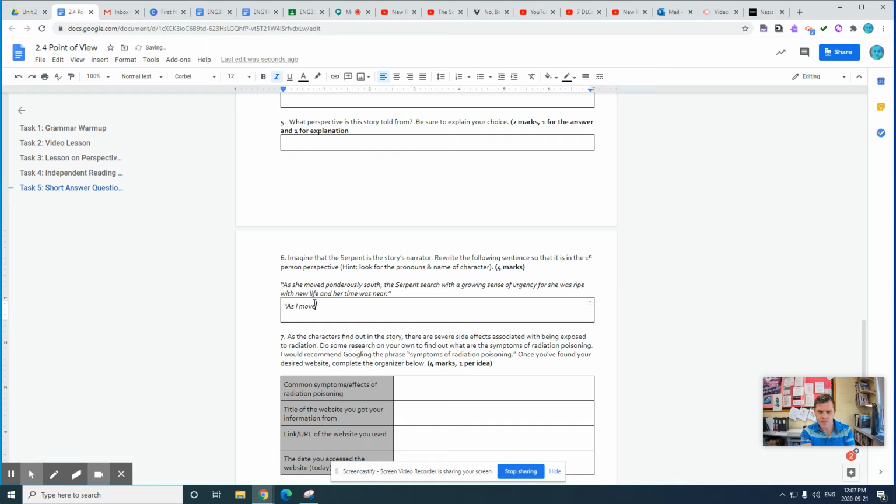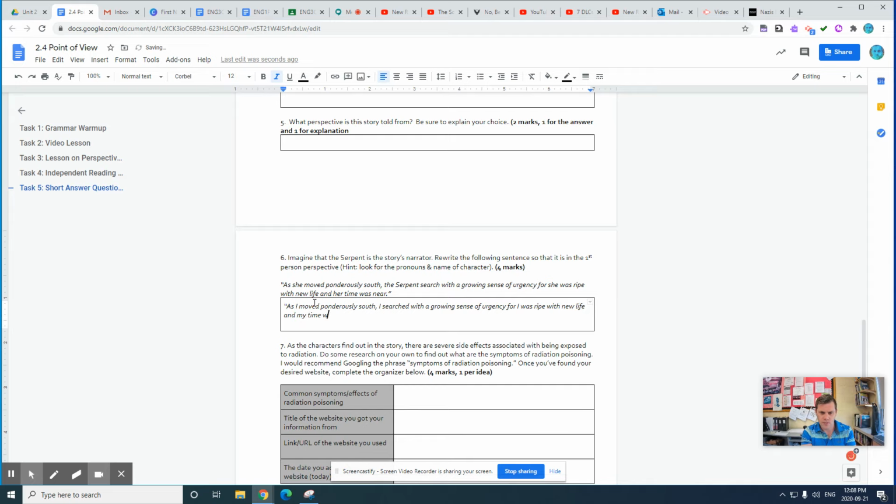As I, so not she, but I, move ponderously south, I searched with a growing sense of urgency, for I was ripe with new life, and my time was near.